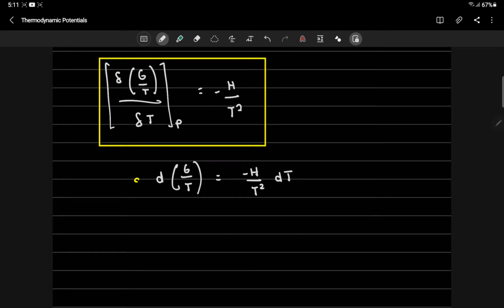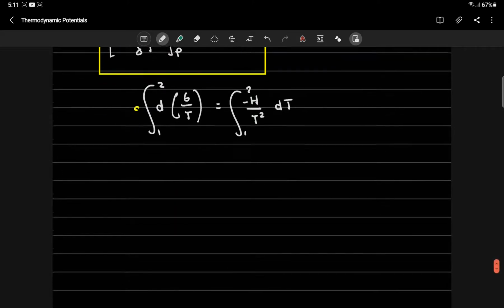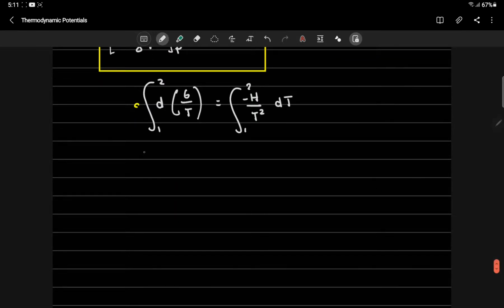So, ang gagawin dito is we will simply integrate from initial to final. And if you do the integration, ang lalabas is you will be able to get delta G2 at a certain temperature T2 minus delta G1 at a certain temperature T1 equals delta H times 1 over T2 minus 1 over T1.